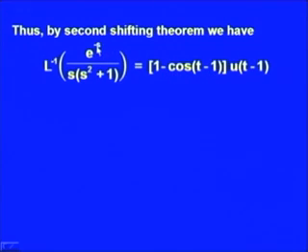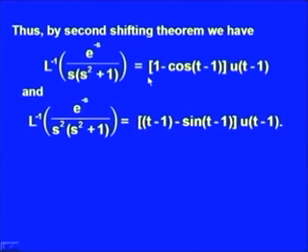Here a is equal to 1 and f of s is 1 over s into s square plus 1, whose inverse Laplace transform we have seen comes out to be 1 minus cos t. So, by the second shifting theorem we have the inverse Laplace transform like this.